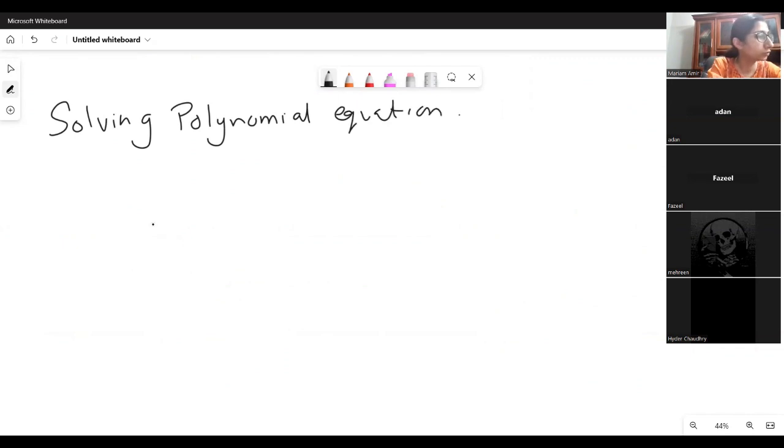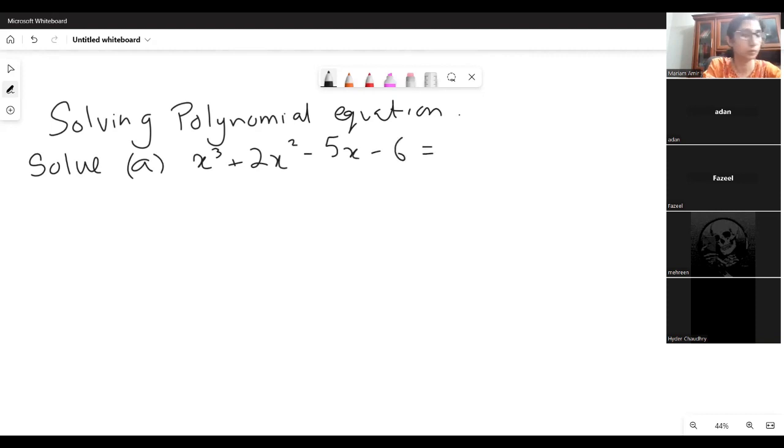So the first question would be: solve x cube plus 2x square minus 5x minus 6 is equal to 0.